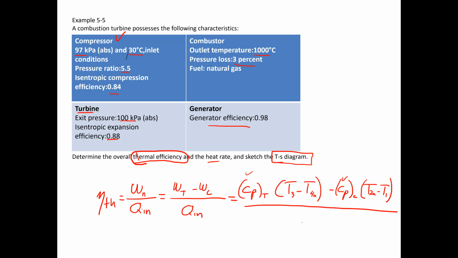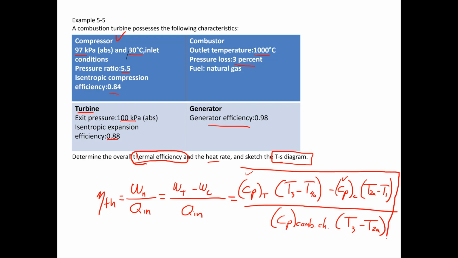All that divided by the heat in, which would be, factoring out CP, going into the combustion chamber, multiply the temperature difference, which would be the temperature coming out of the combustion chamber minus the temperature going into the combustion chamber, which is the actual temperature coming out of the compressor. That basically is how the total thermal efficiency would be.